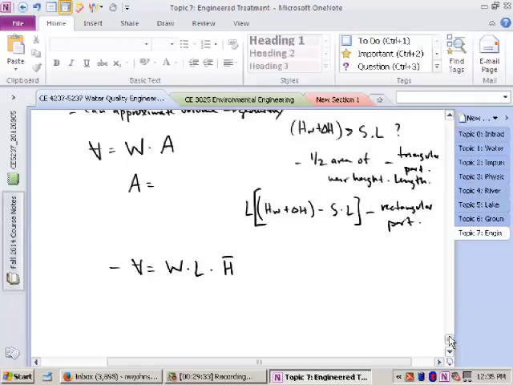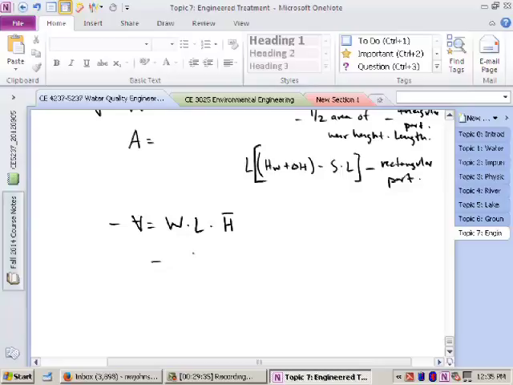And of course, just a general design consideration is you can increase the residence time to some extent by raising the weir height, but you don't want it to get too deep. Otherwise, it's not going to function as a wetland. It's just going to function like a lake, right?